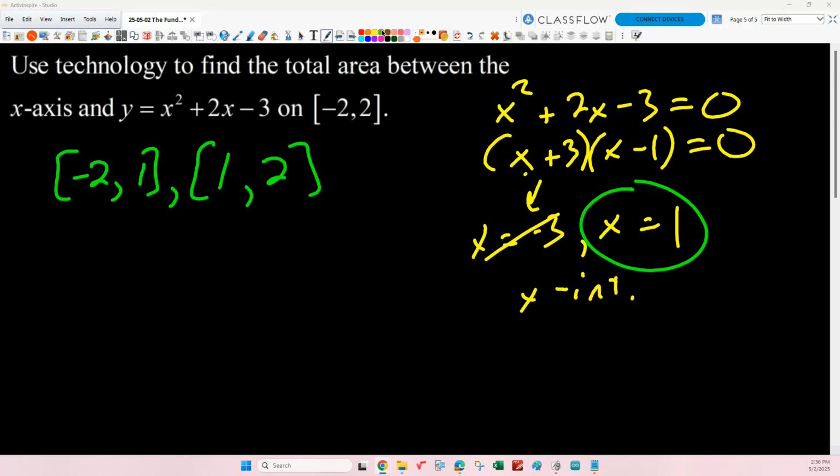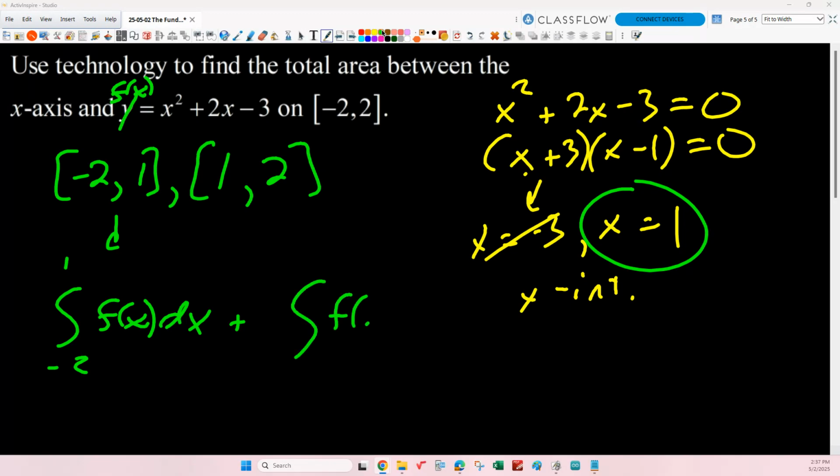Let's just call this thing f of x. That gives us the integral of f of x from negative 2 to 1 plus the integral of f of x from 1 to 2.